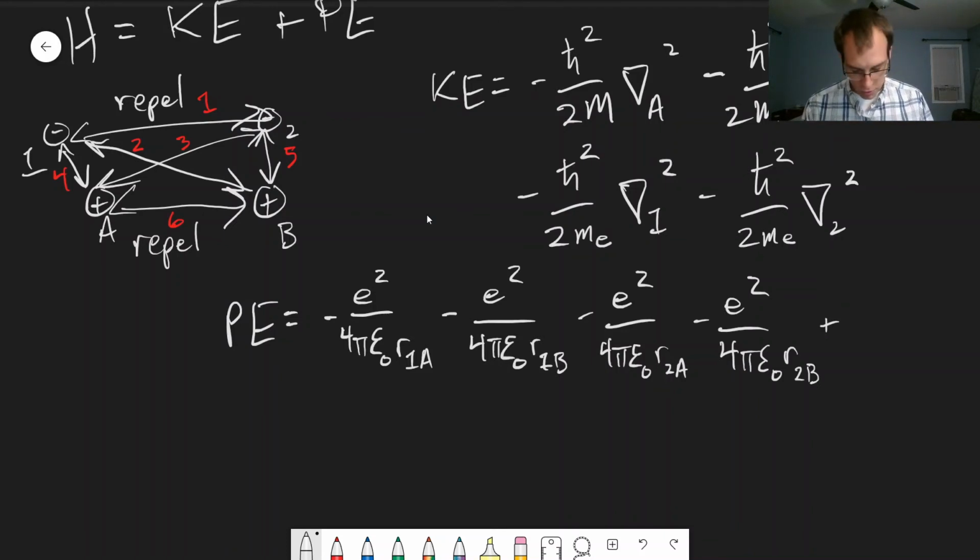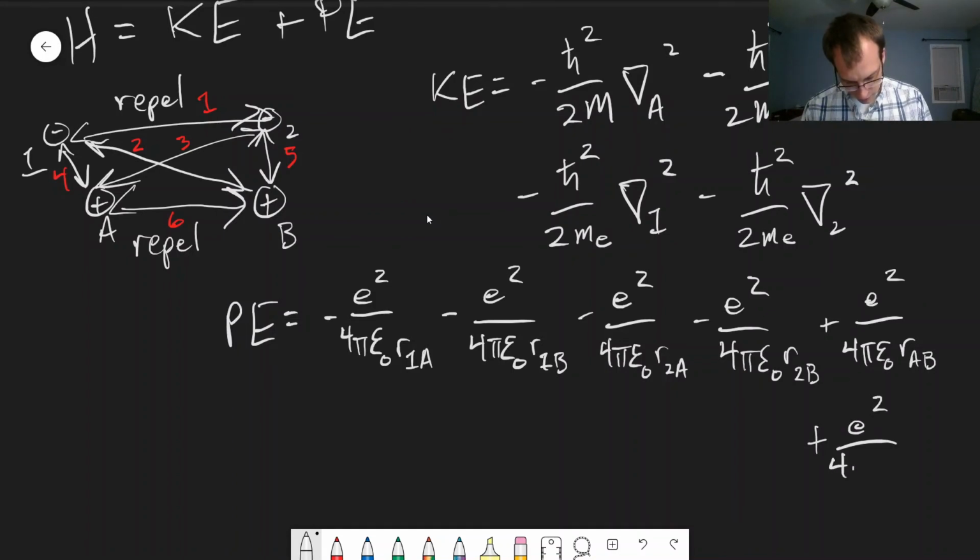And then for our repulsive forces, we'll have e² over 4πε₀R_AB, so that's the repulsion between the nuclei, and our sixth and final term, e² over 4πε₀R₁₂. So we have the nuclear repulsion and we have the electron-electron repulsion.